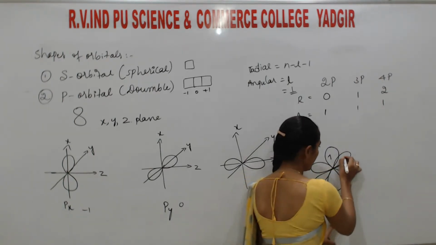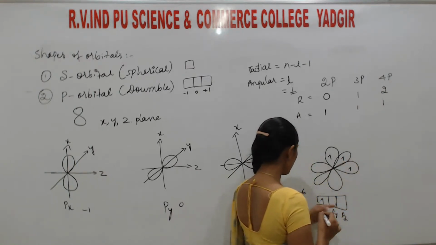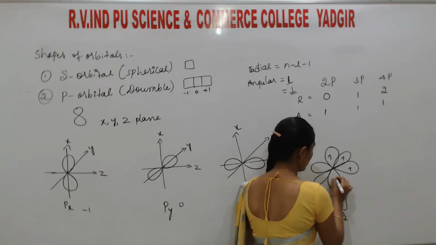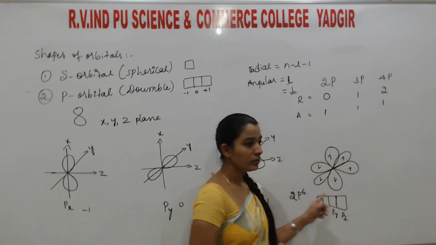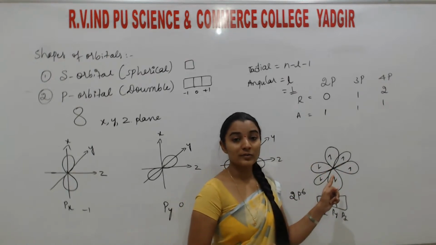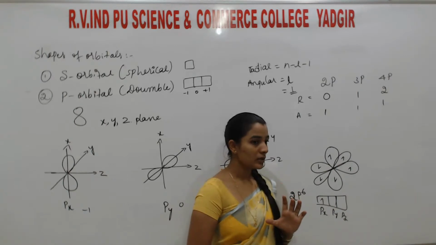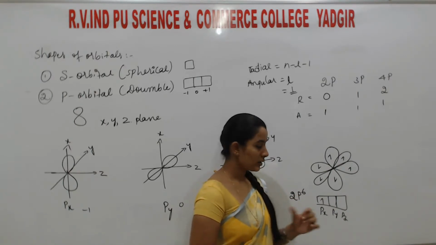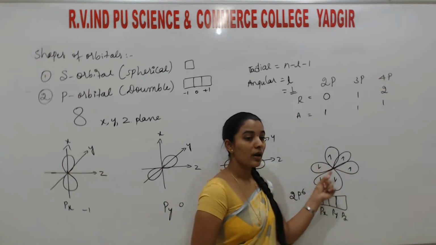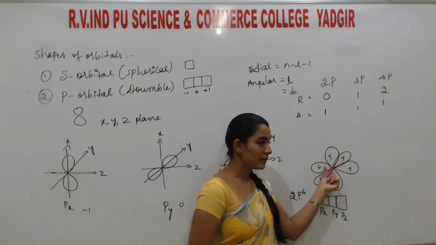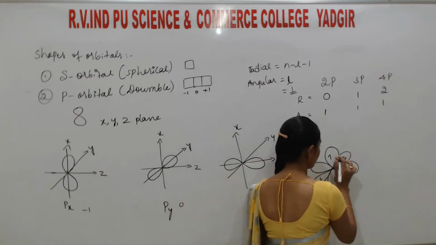Next Y here, next Z here. Pairing up takes place here. This is how the filling up of electrons takes place in the orbitals. Are you getting it? It is not like this; it will be like this. Electrons are going to fill up in this manner.